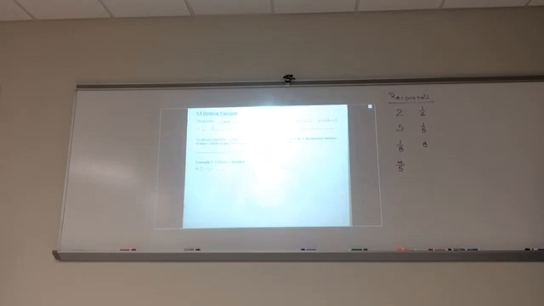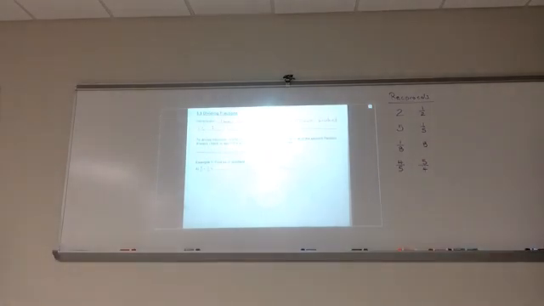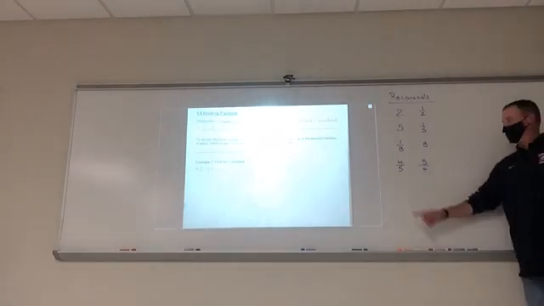Four over 5. If I take 4 over 5 times 20, though, that's going to give me 16. Because look what happens when I multiply these together.